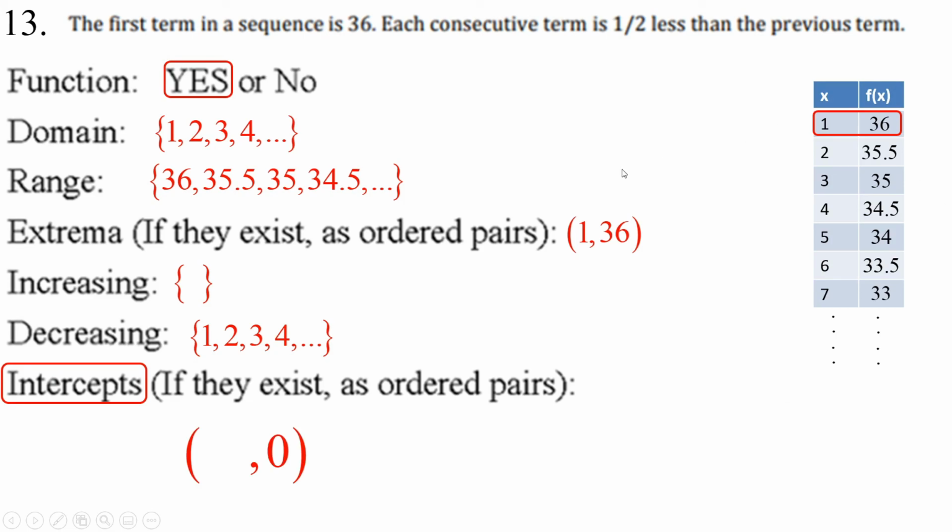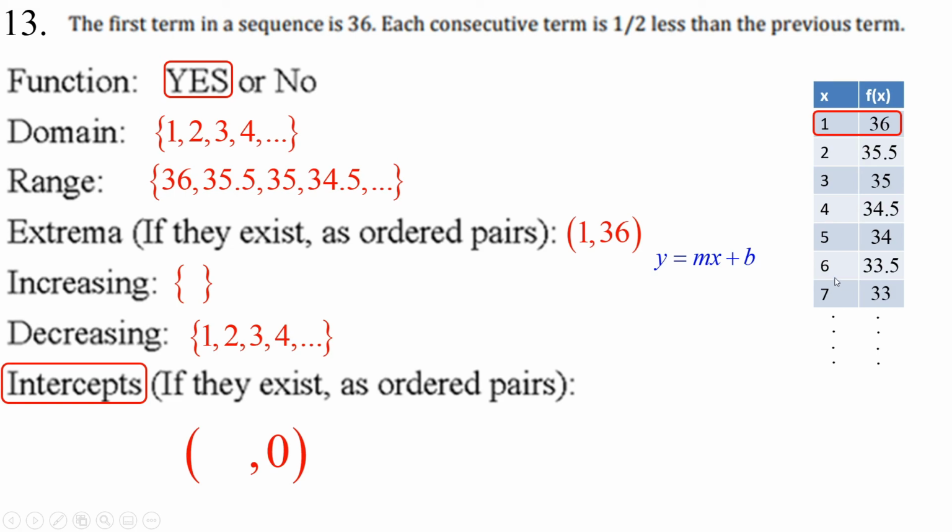Y will eventually equal 0, so let's figure out when. You know that this is arithmetic, so you know an explicit formula will be linear. And look, I did slope-intercept, but I don't have a y-intercept.